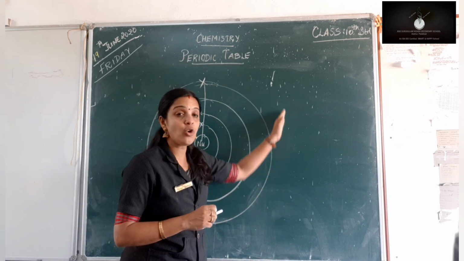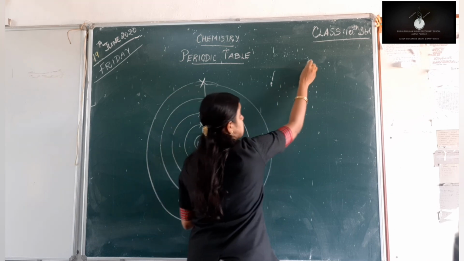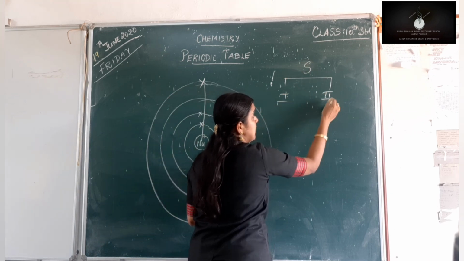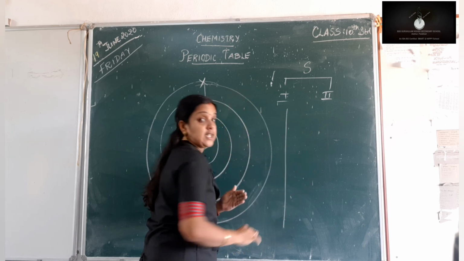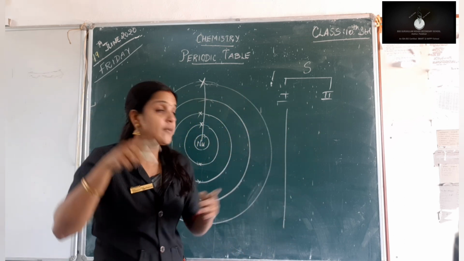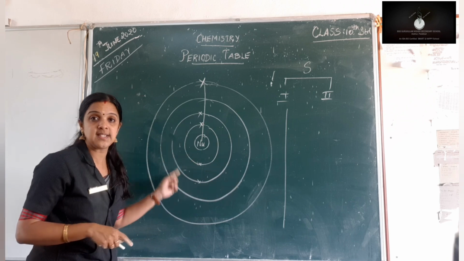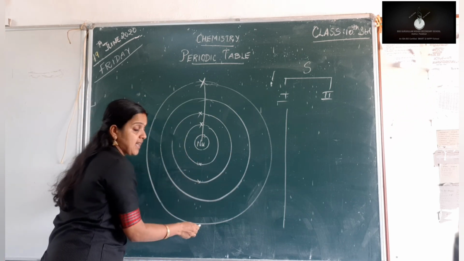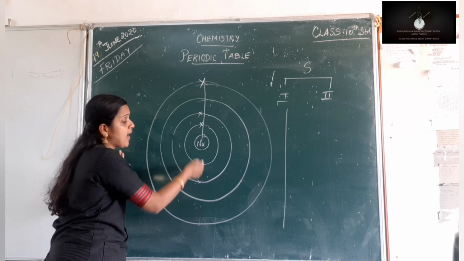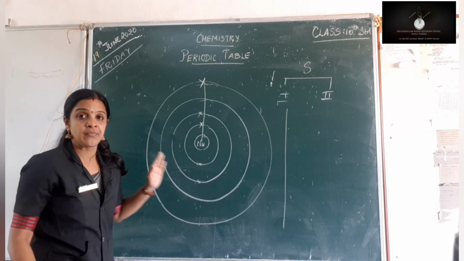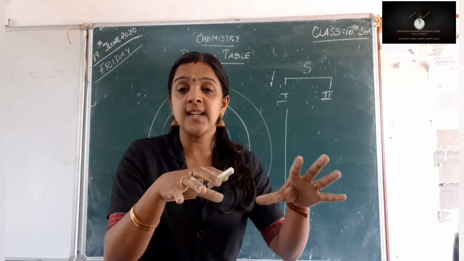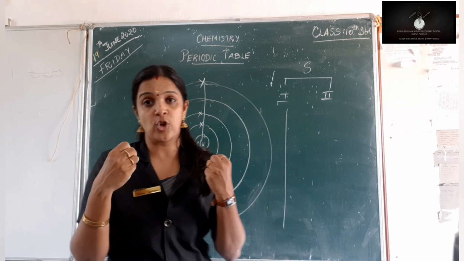So when we go down the group, say this is my s-block, I have group 1 and group 2. When I go down the group, what happens? The number of shells actually increases. When the number of shells increases, the last electron will be far away from the nucleus. When it is far away from the nucleus, I need very less energy to remove the electron.